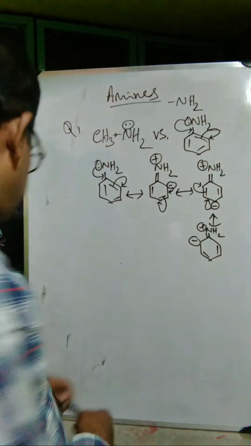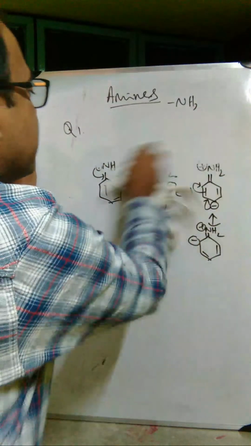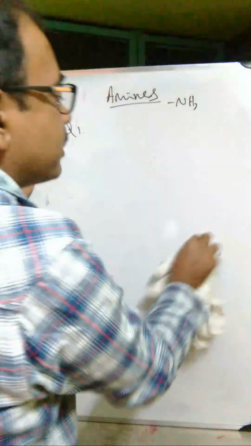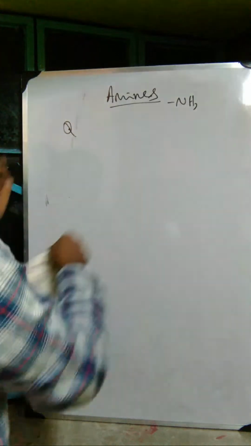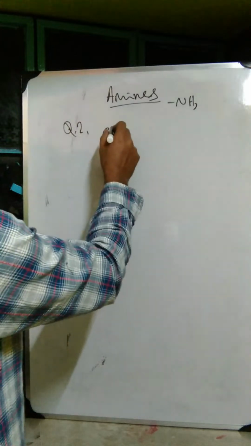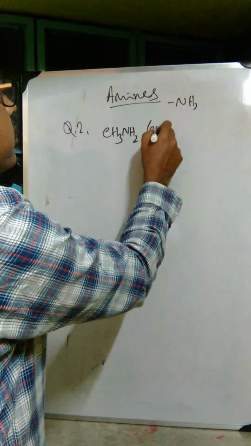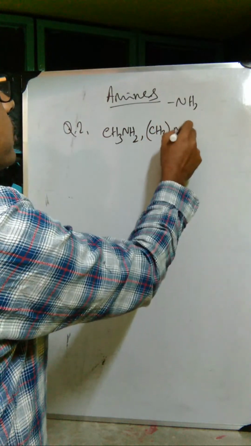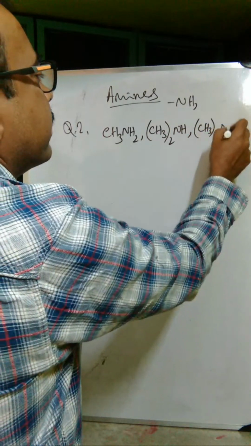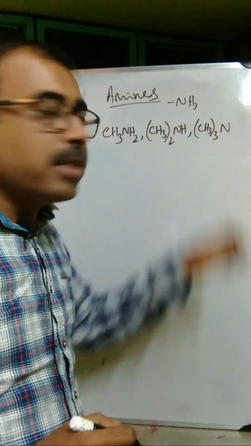Question number 2: arrange the following compounds in order of their increasing basic strength in gas phase as well as in aqueous solution. Question number 2 is CH3NH2, (CH3)2NH and (CH3)3N, that is methylamine, dimethylamine and trimethylamine.